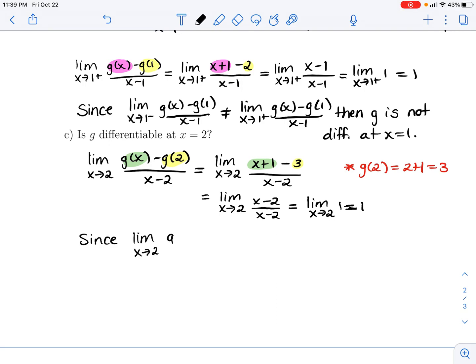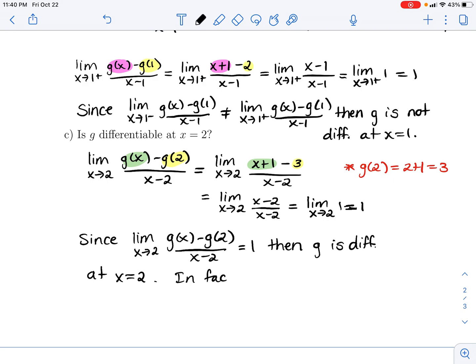The limit as x approaches 2 of (g of x minus g of 2) over (x minus 2) equals 1, then g is differentiable at x equals 2. In fact, g prime of 2, or the derivative at 2, is 1 by definition.